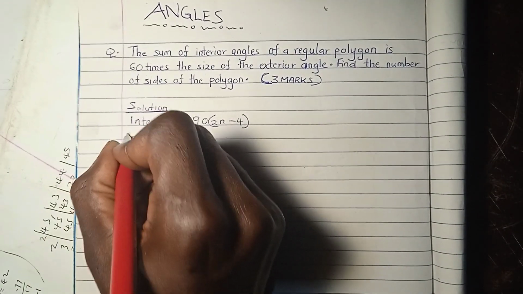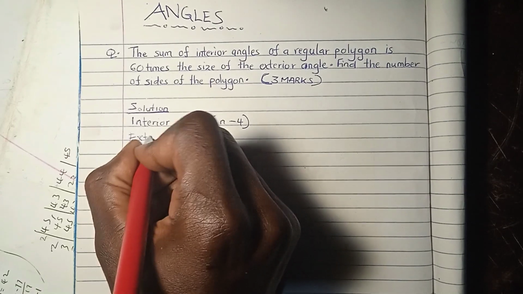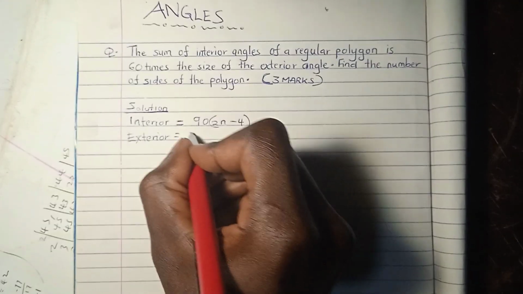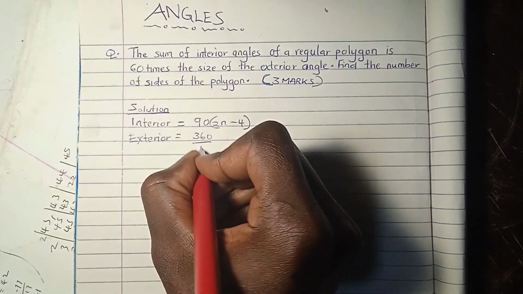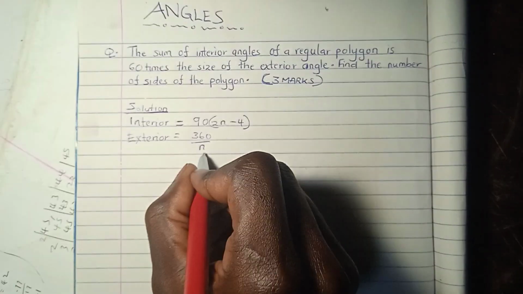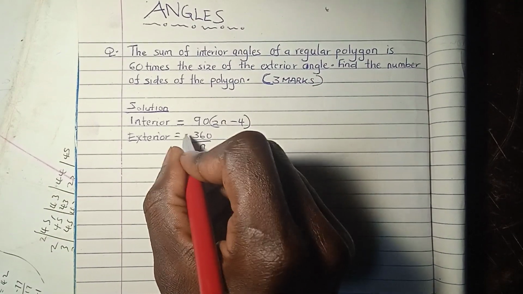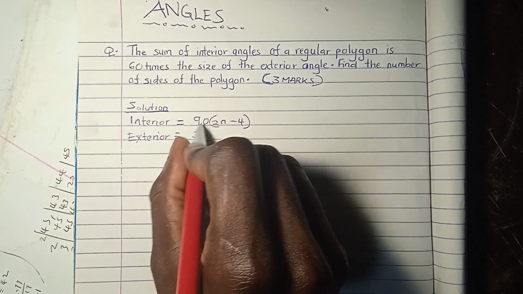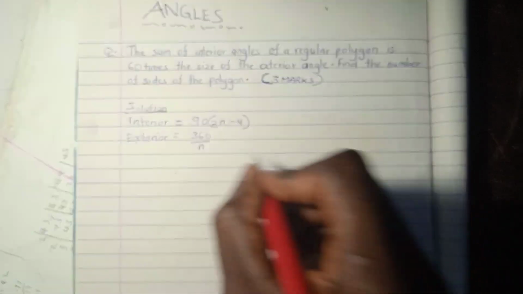And for all exterior angles, we have the formula 360 over n. So to find each exterior angle, we will use the formula 360 over n. To find the sum of interior angles, we will use the formula 90 into 2n minus 4.